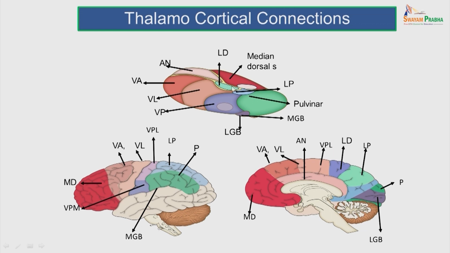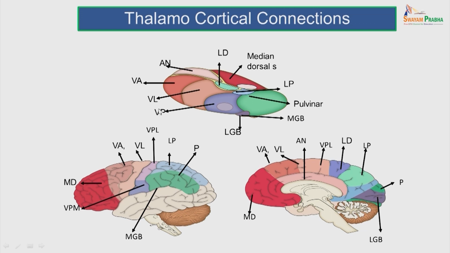The median dorsal nucleus is relayed in the prefrontal cortex area, both on the superior lateral surface and on the medial surface. The pulvinar, which is a continuation of the medial and lateral geniculate body, relays in the associated visual area.